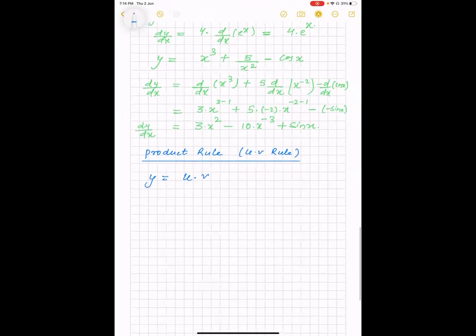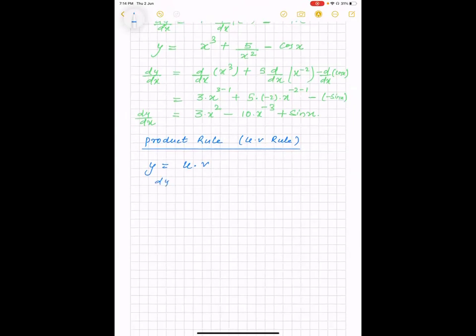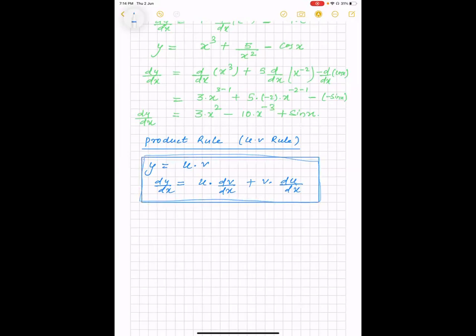The product rule says that the derivative of y will be, you keep U as it is, differentiate the second function, and then keep V as it is, differentiate the first function. So dy by dx is nothing but U times dv by dx plus V times du by dx.